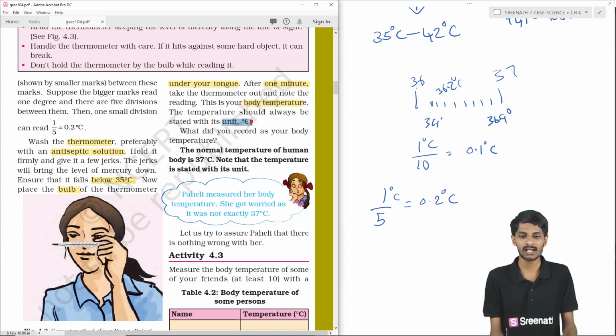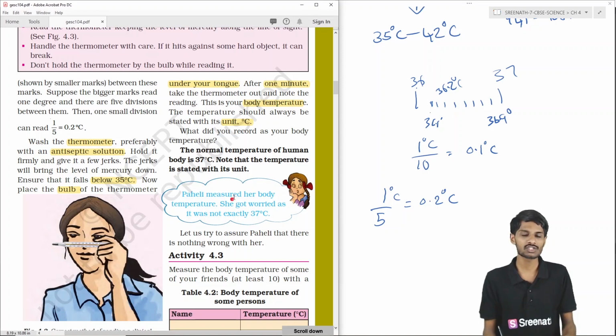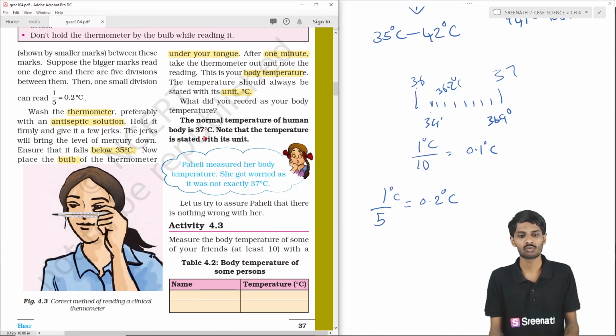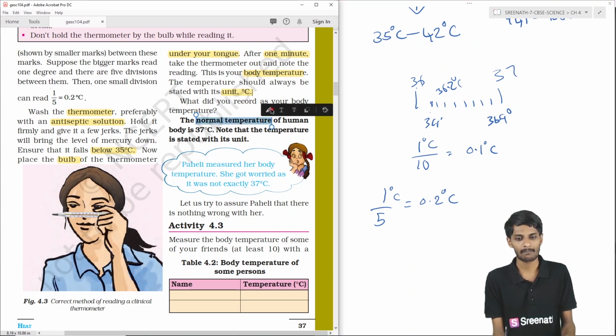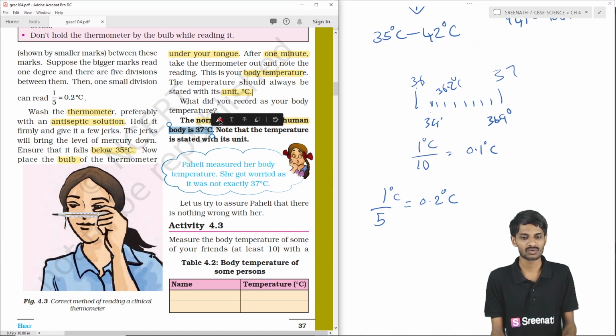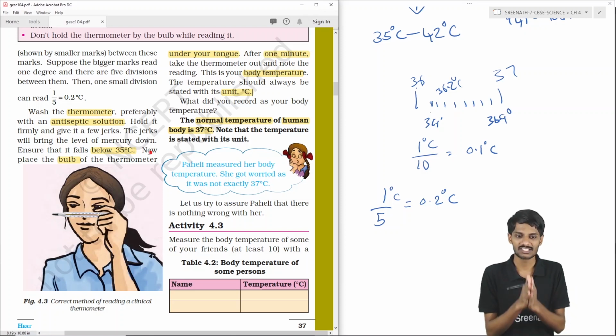That should be in degrees Celsius, students, if you use a thermometer in degrees Celsius. Normally, the normal temperature of the human body is 37 degrees. It is one of the important concepts. While checking your temperature, check whether it is exactly 37 or not.